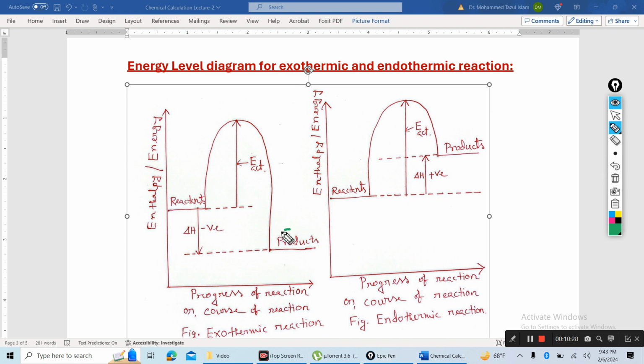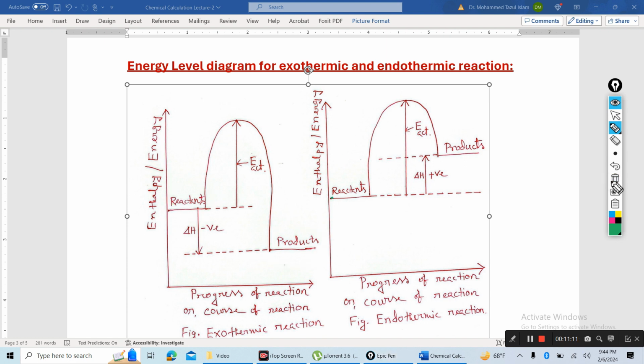If product has less energy than the reactant, that reaction will be exothermic reaction. So in exothermic reaction, product has less energy than the reactants.